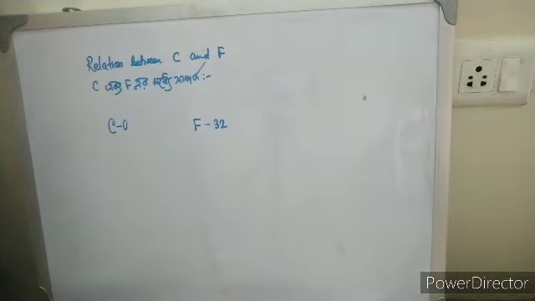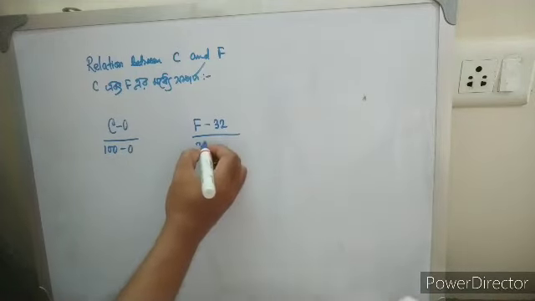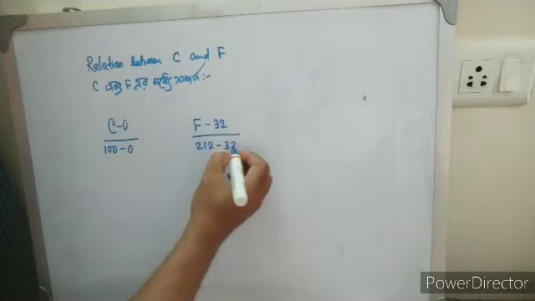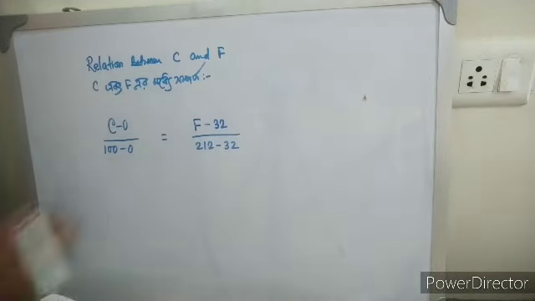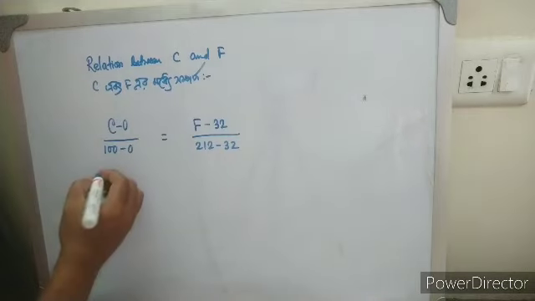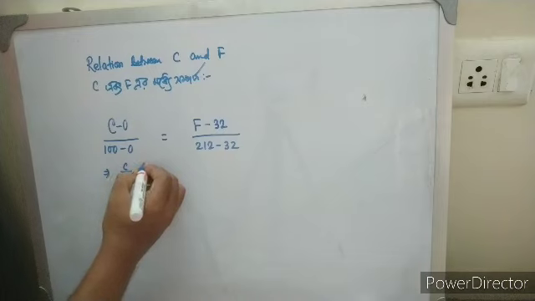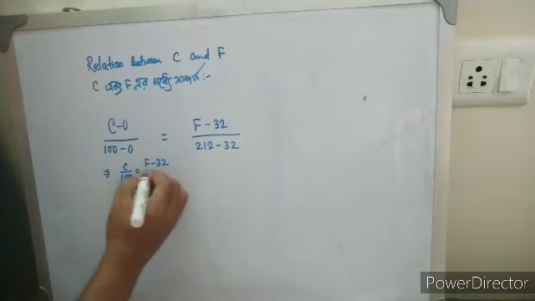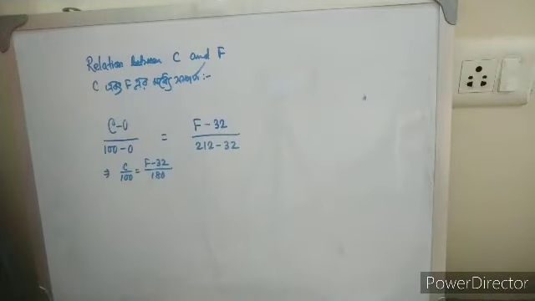Now dividing by the fundamental difference, that is 100 minus 0, and here 212 minus 32. Whatever fraction we have, they will be the same. Therefore we can write C by 100 equals F minus 32 by 180, because 212 minus 32 equals 180.